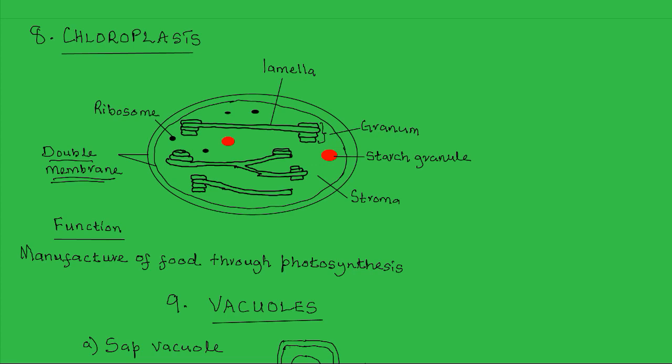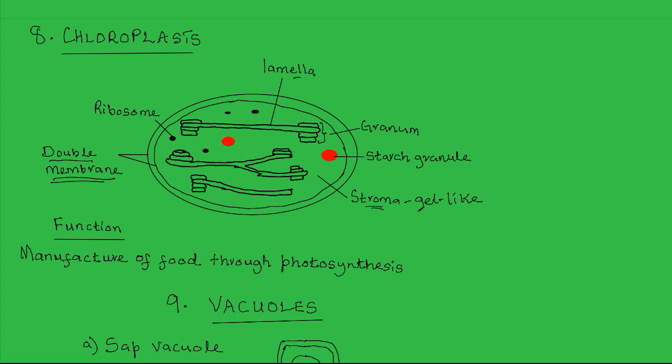Within the membrane, there is a thick, gel-like material, the stroma, through which runs a system of internal membranes known as lamellae.